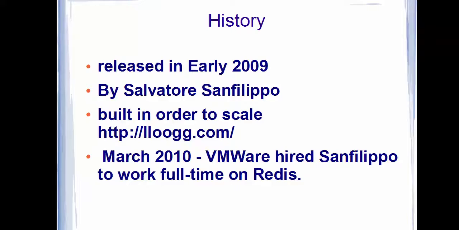So in June 2009, Redis was deployed in production for a website called log.com, which was a real-time web analytics website. Then in March 2010, a company called VMware hired Sanfilippo to work full-time on Redis, although Redis remains BSD licensed. Subsequently, VMware hired some of the other developers who also contributed majorly to assist on the project.